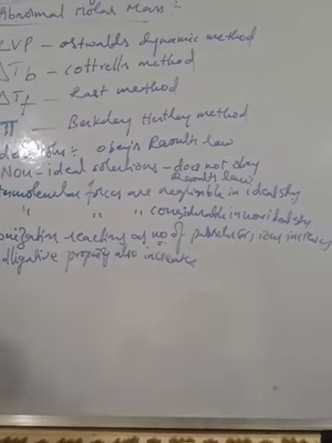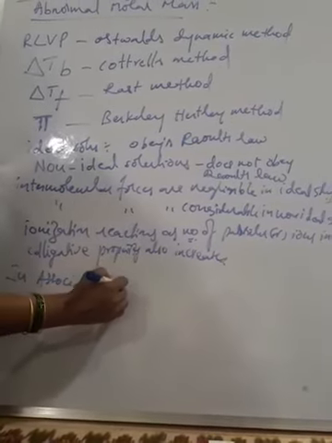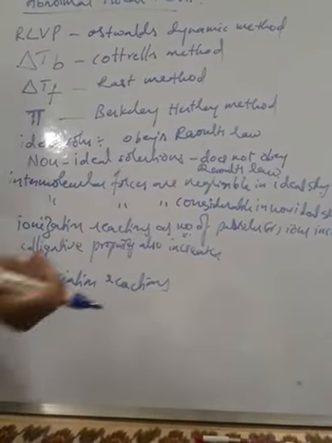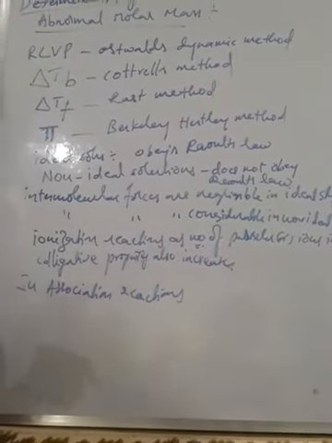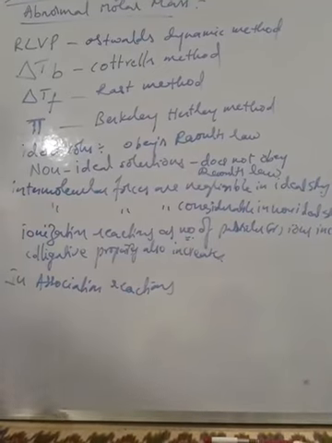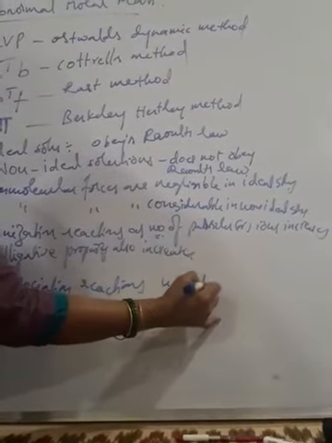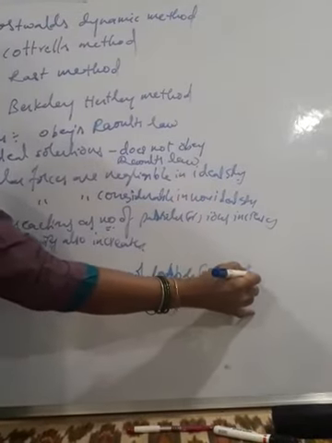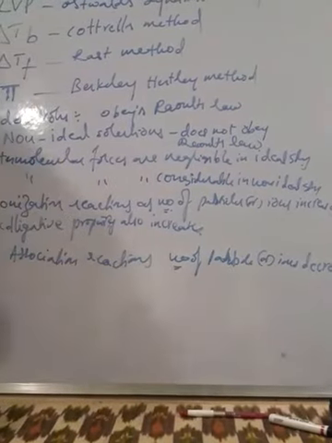If you take association reactions, many molecules combine together and form a product. So the number of particles decreases. In association reactions, the number of particles or ions decreases, so colligative property decreases.